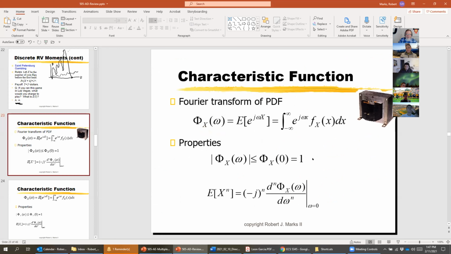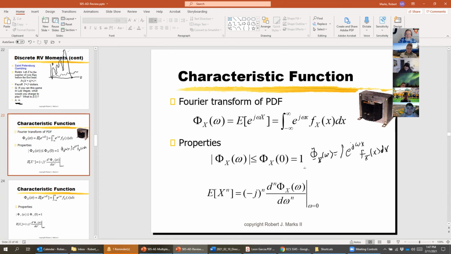Let me try it again with black and white. This is equal to the integral of e to the j omega x times f sub x of x dx.